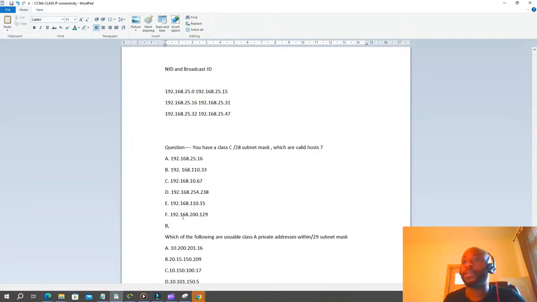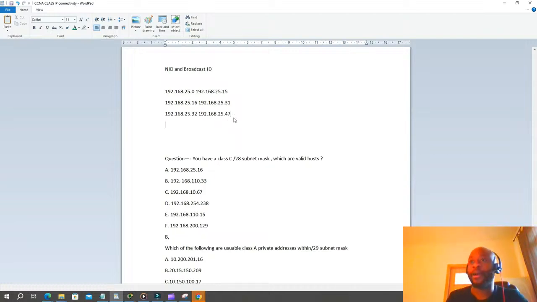B is correct. Then C, 192.168.10.67. So if you multiply 16 times 4, that's 64. Now there's another subnet that is going to be, in this case, 192.10.